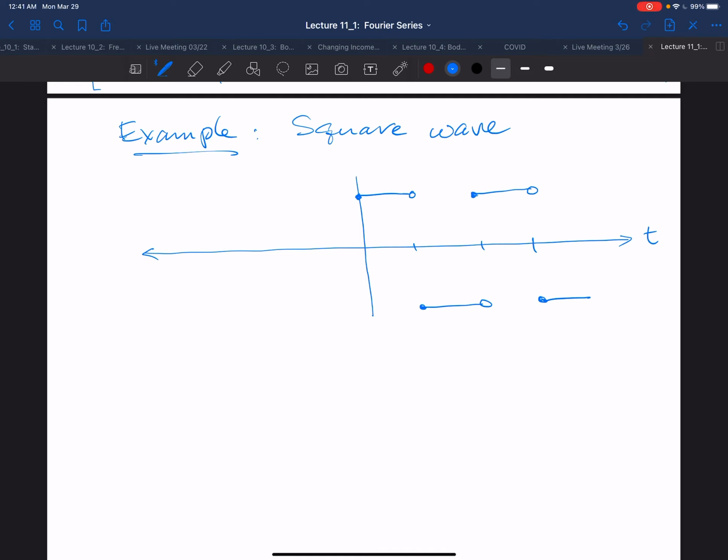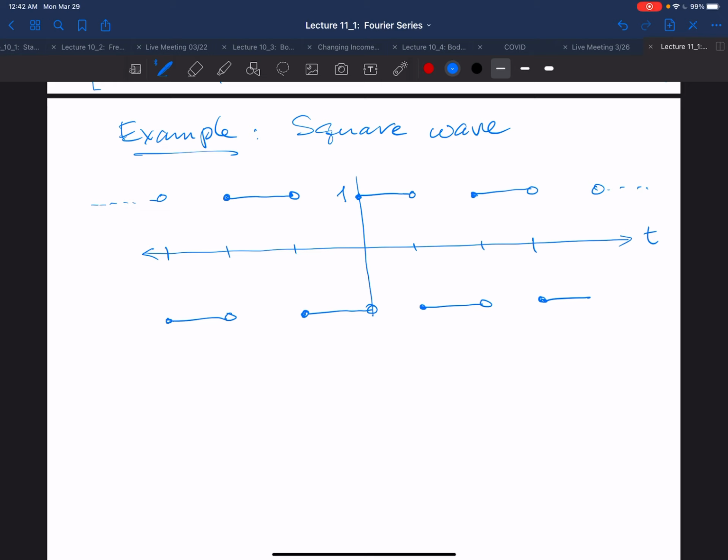If we're feeding this square wave into an LTI system, we'd like to be able to analyze the response of that LTI system to the square wave. We can do that using the frequency response once this has been expressed as a Fourier series.